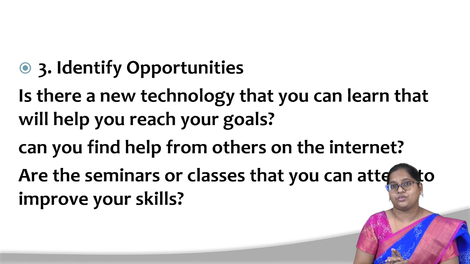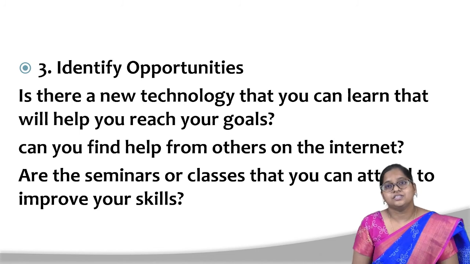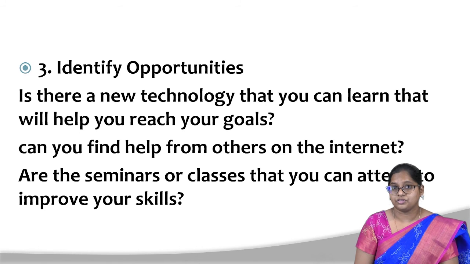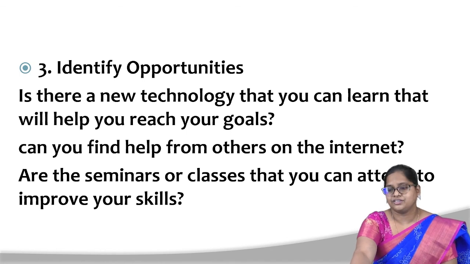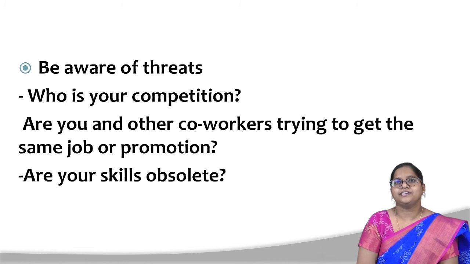Can you find help from others on the internet? Have you attended good sessions that will really improve your skills? What are your opportunities? This is the high time for you to think, for all upcoming graduates and for workers already working, ongoing employees.